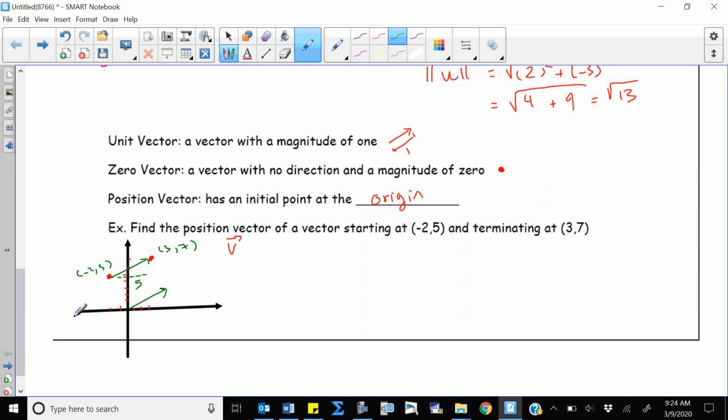So the x component is 5, and I have to go 2 up to reach 7. So that's my y component. So if I move the initial point to the origin, I need to go again 5 to the right and 2 up to go to the terminal point. So my position vector will be (5, 2). So that's a position vector.